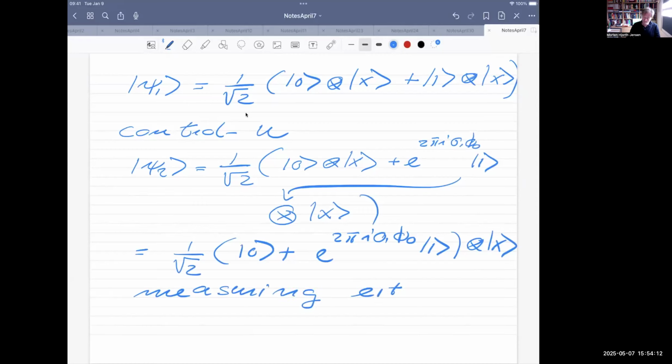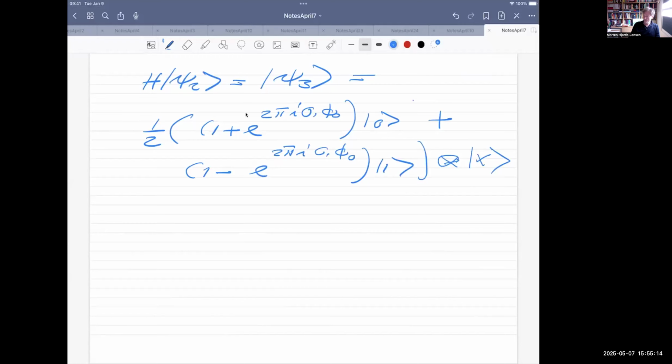And then this has an additional term, plus 1 minus e to the 2 pi i phi 0 multiplied with 1, and then tensor product with x.